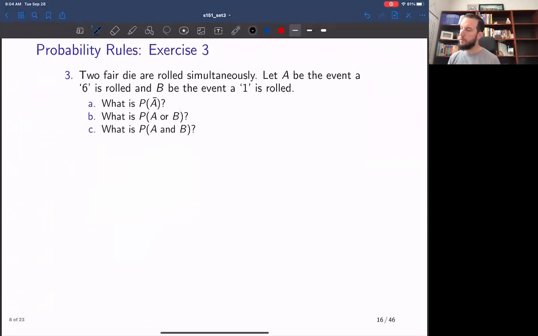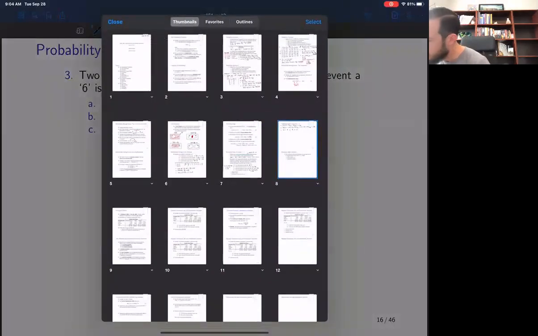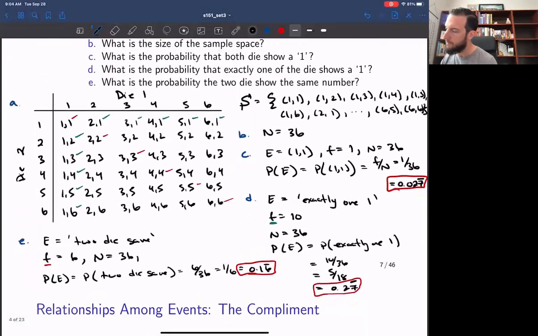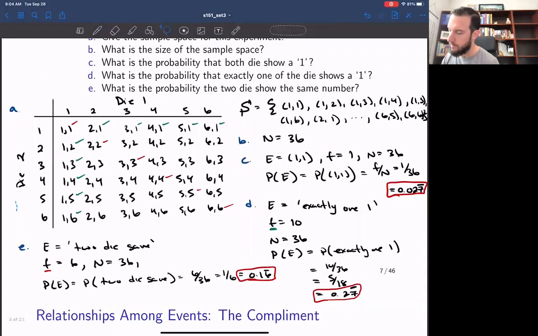Okay, so we're going to return to a die rolling example, and we are now going to designate two events taken from each die. I'm just going to go back and grab my little die rolling table from slide 7 so that we can use that here. I'm going to copy and paste this.